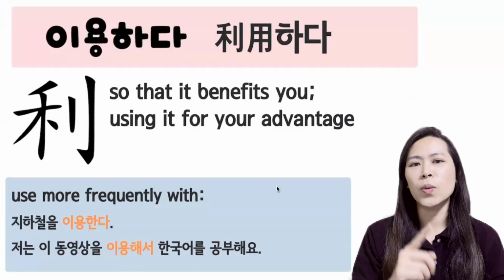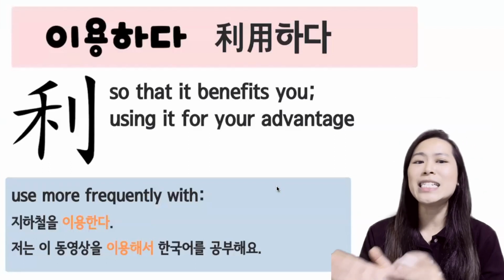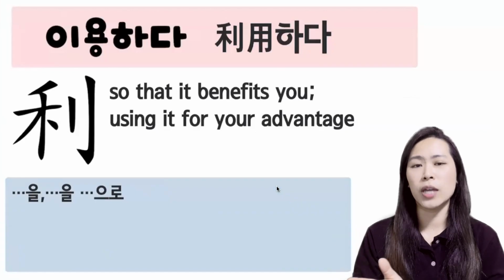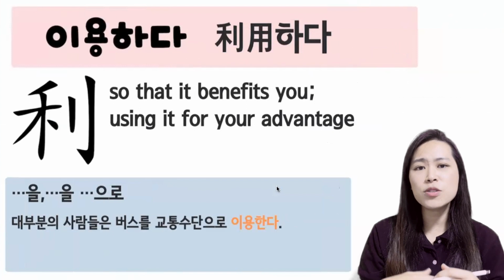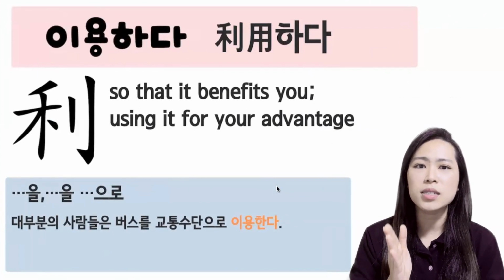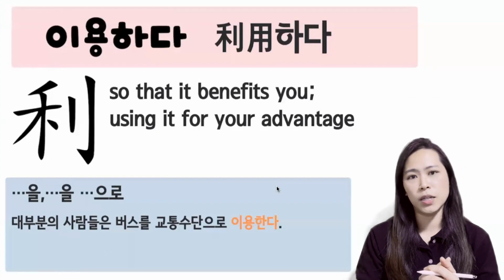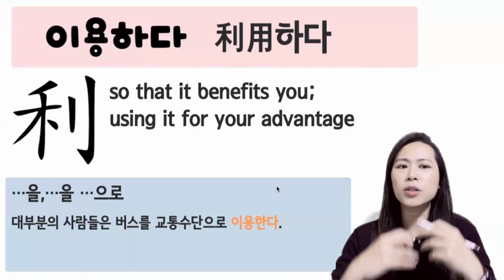Also, when we use 이용하다, we use it more with 을 or 으로. Here are a few examples. 대부분의 사람들은 버스를 교통수단으로 이용합니다. 교통수단 is a transportation method.